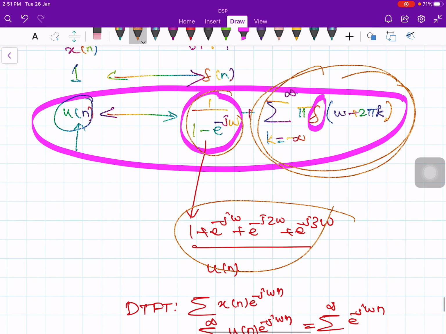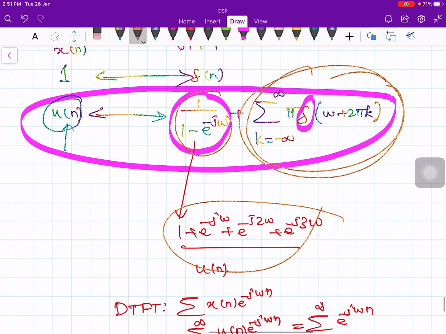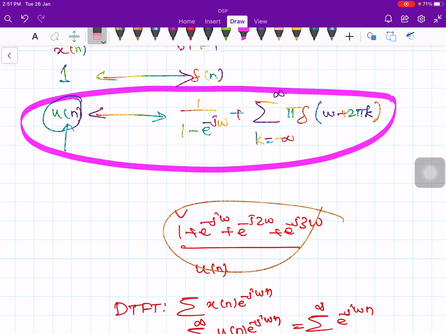Therefore, the discrete time Fourier transform of u of n contains two parts: 1 divided by 1 minus e to the minus j omega, and then you have summation of pi times delta of omega plus 2 pi k.